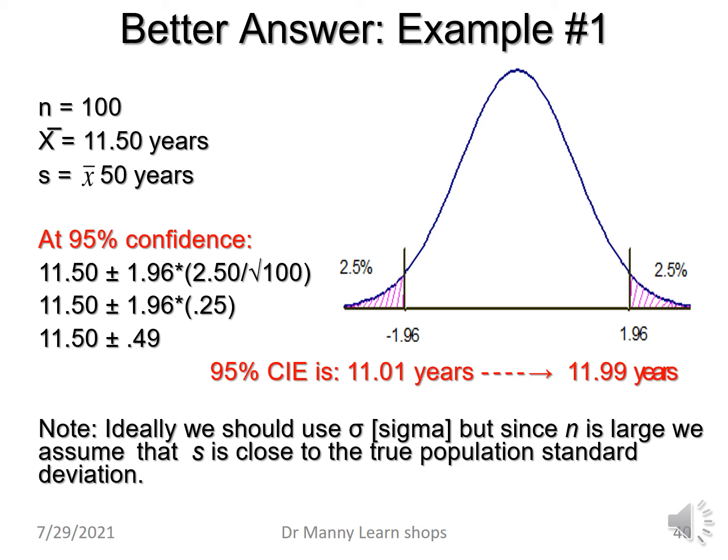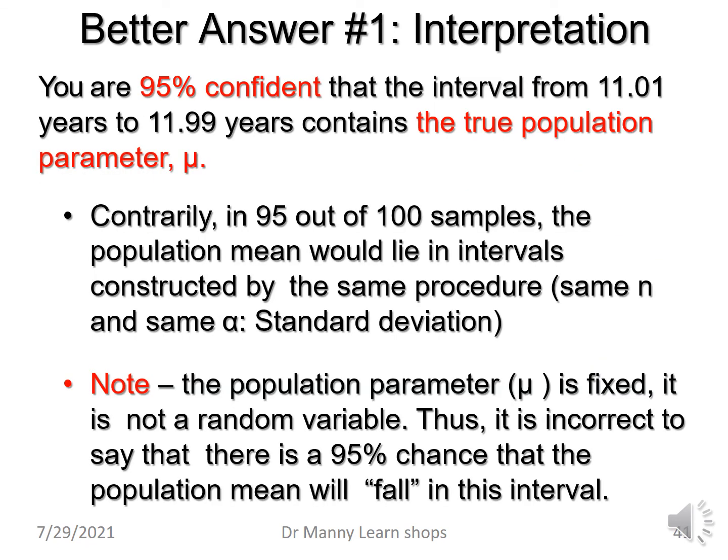And that's what the confidence interval would be. The better answer in relation to the interpretation: you're 95% confident that the interval from 11.01 years to 11.99 years contains the true population parameter, the mean.